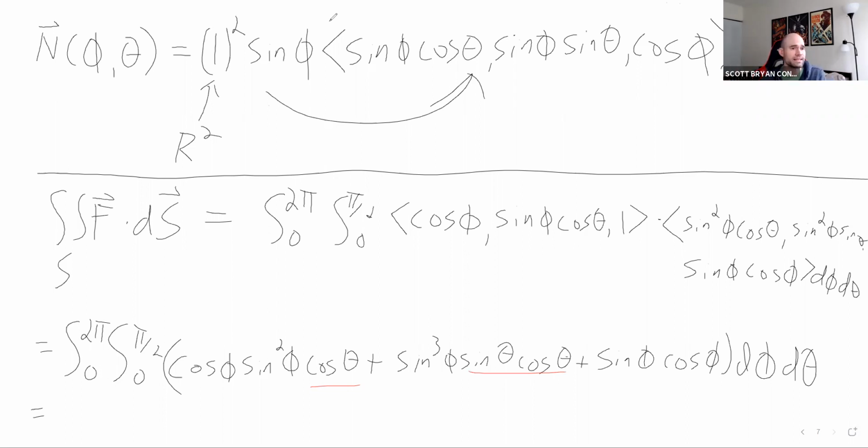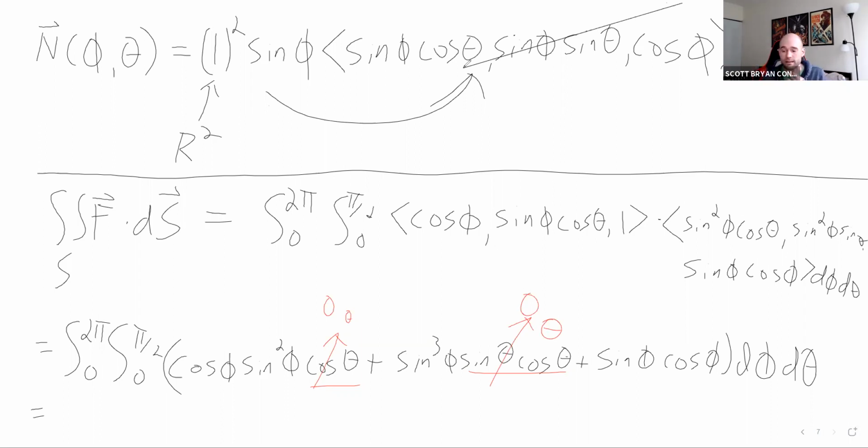When we evaluate that at 0 and 2 pi, that also integrates to 0. So when we integrate both of these terms with respect to theta, we get 0. Wouldn't expect you to see that on an exam, but it's good to be on the lookout for that kind of thing. Even though we don't integrate with respect to theta first, it doesn't matter.